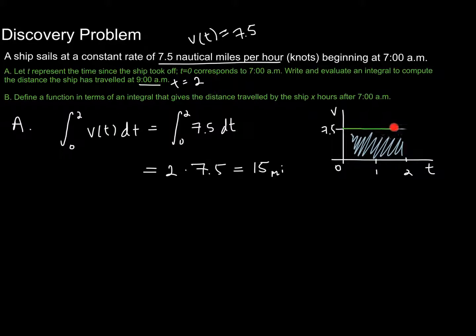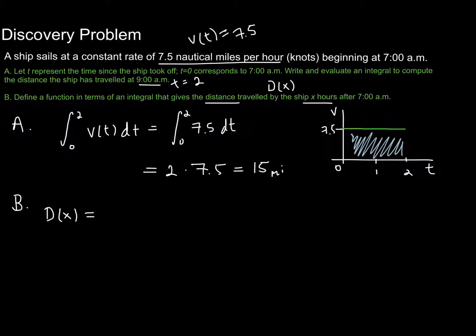Whether or not the constant function is above the x-axis or below the x-axis, it's always going to be a rectangle, where the height of the rectangle is going to be the value of the constant function, and the base is just going to be the length of your interval. So as you can see here, you multiply the length of your interval times the value of your constant function, and that's going to be the value of your definite integral. So this is something that we're going to apply to all constant functions, and we'll write this rule out in just a second. Let's go ahead and take a look at B now.